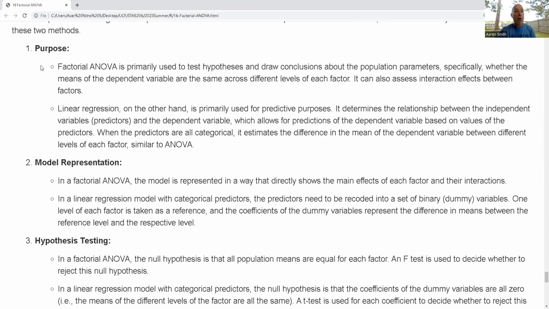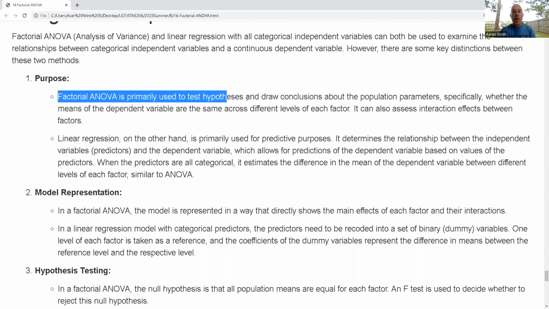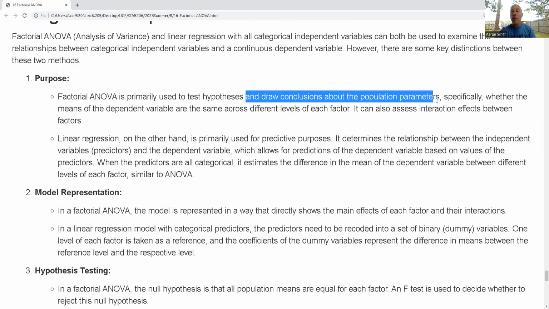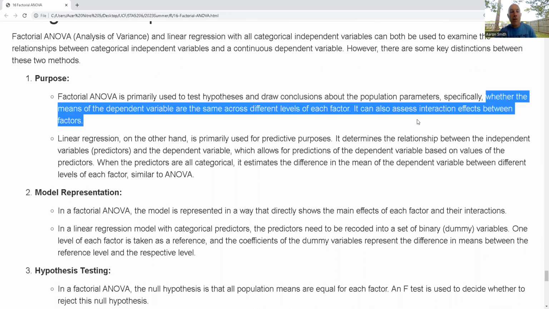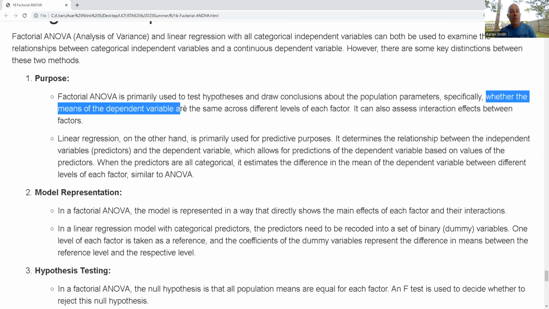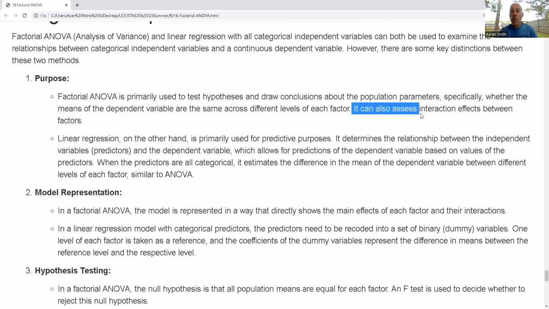The first one is purpose. Factorial ANOVA is primarily used to test a hypothesis and draw conclusions about the population parameters. Specifically, ANOVA is interested in whether the means of the dependent variable are the same across different levels for each factor. It can also assess interaction effects between factors. Linear regression, on the other hand, is primarily used for predictive purposes.